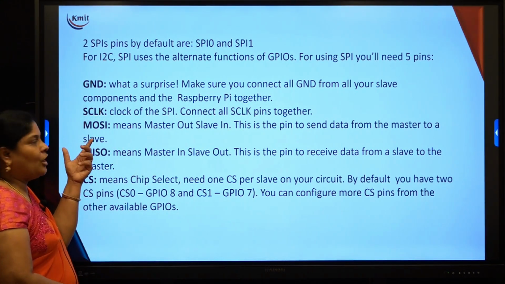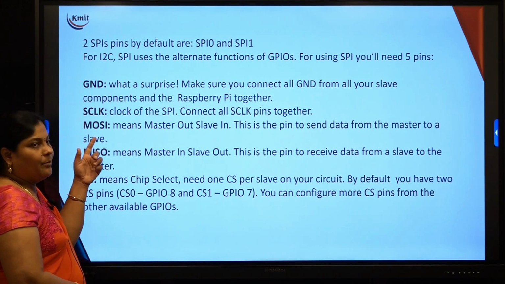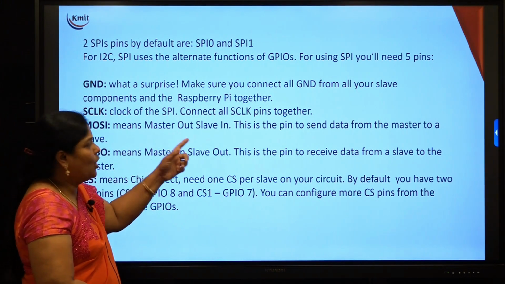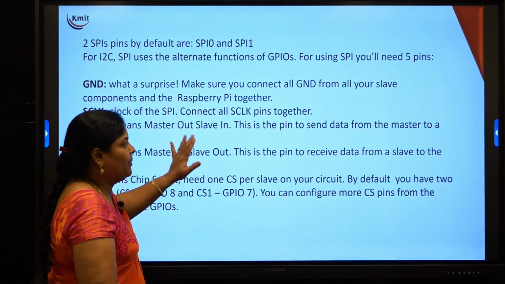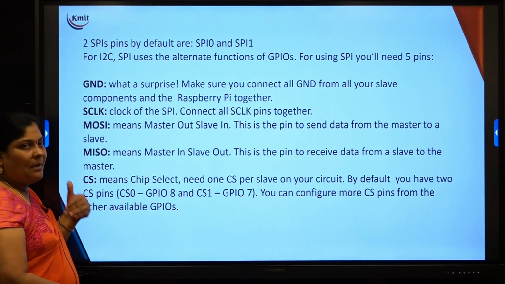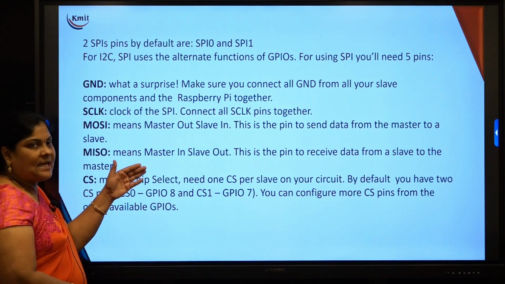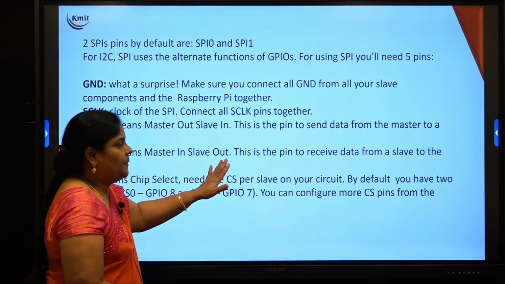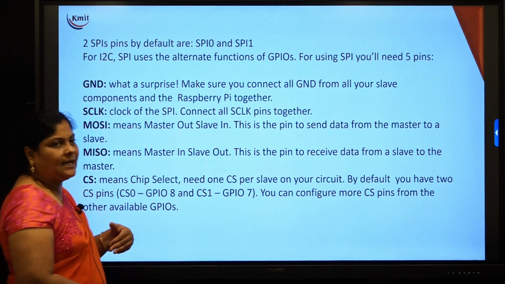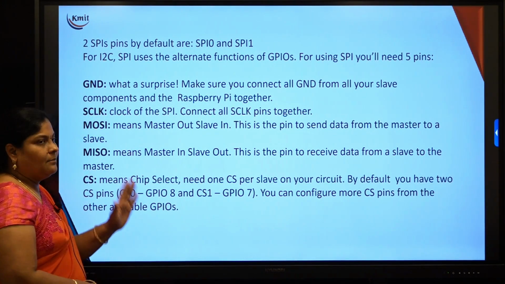MOSI means master out, slave in, the pin to send data from master to slave. MISO means master in, slave out, the pin used to receive data from a slave to the master.